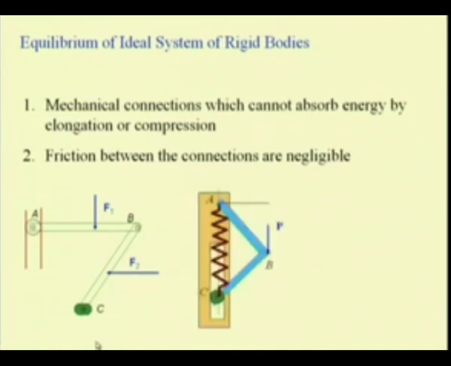Let us see other examples. Here you have a system of connected bodies where we have two links, say AB and CB, and there is a spring element that connects this pin at A and the roller at C. Here, if this member AC, which is a spring, is taken as a constituent member of this system, then when some external forces are applied, the spring elongates or compresses, thereby absorbing energy.